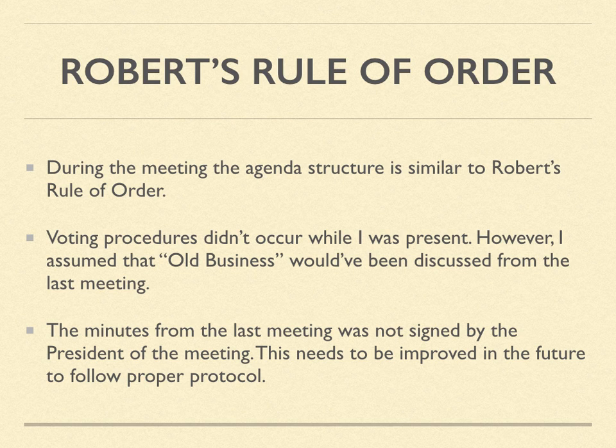I think a lot of stuff wasn't discussed due to my actually being in the meeting. The minutes from the last meeting were not signed by the president. So I think that's an improvement they need to make in the future, is make sure they sign the minutes as Robert's Rules of Order discuss, so that you can close out that old business and continue forward with the new business which you have.